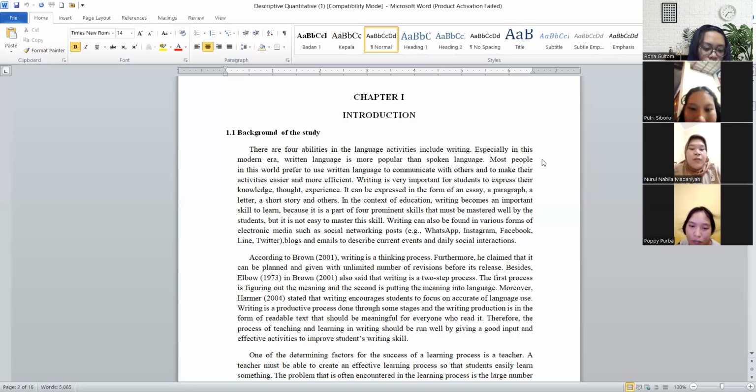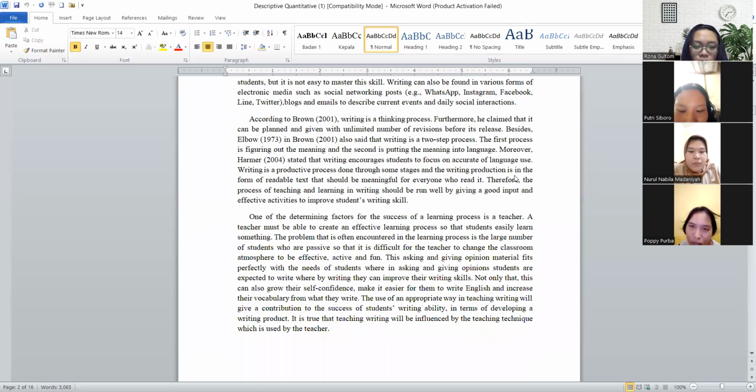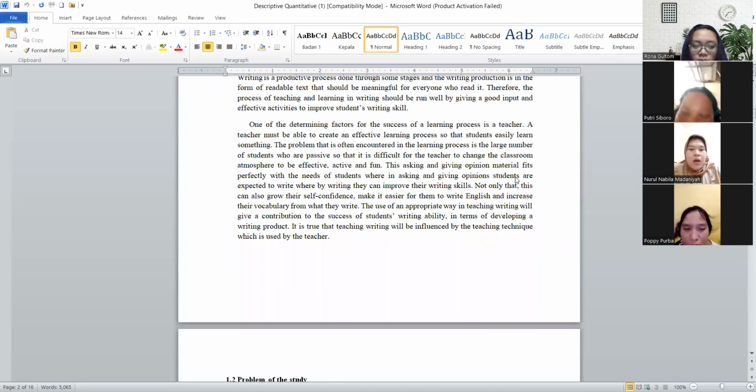Therefore, the process of teaching and learning in writing should run well by giving good input and effective activities to improve students' writing skills. Scroll down, Rona. Okay, we have also explained that the determining factor that will make this learning process successful is the teacher.